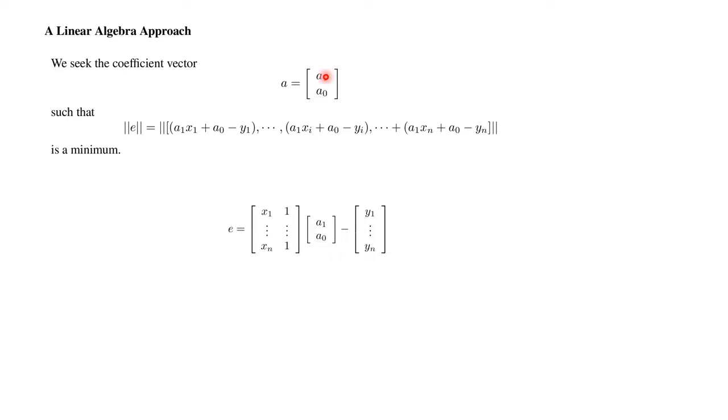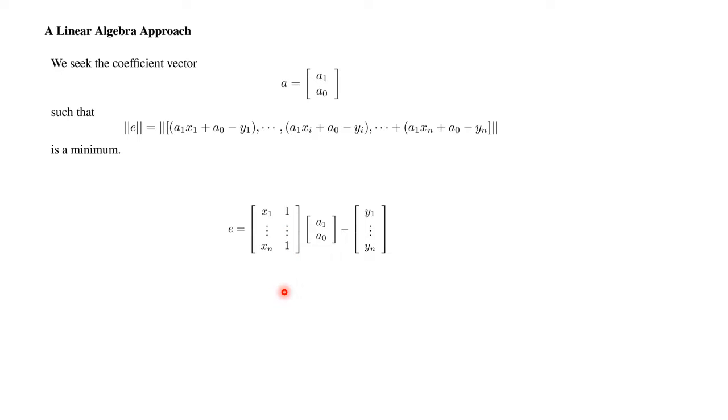So here we are again. There's the A that we're looking for. There's the error vector. You can write then E to be this matrix here. Just think about it. You're taking A1 times all the x's plus A0 times all the ones.